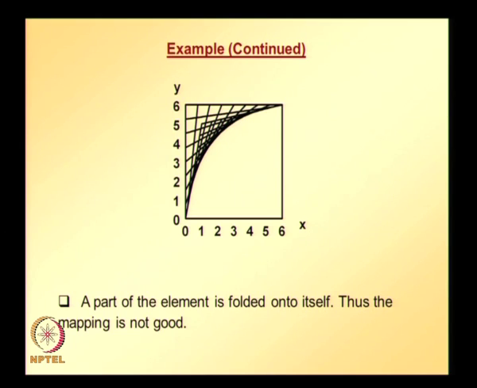So, this kind of thing is not acceptable, because every point in the actual element is required to be mapped onto a unique point in the parent element, and when this kind of folding is happening, that means it is violating that requirement. So, mapping is not good.